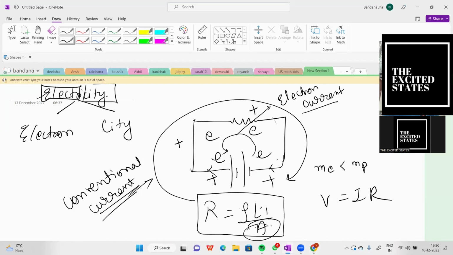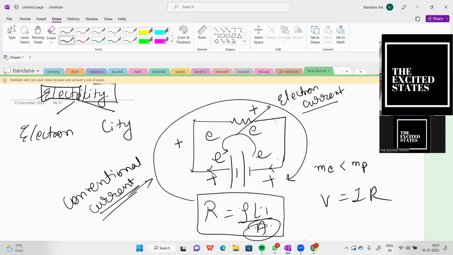Why is electron too much? What will happen if electrons are too much as compared to protons? I hope you have understood the answer. If electrons are more, current will be produced.